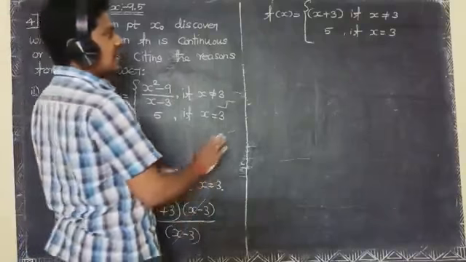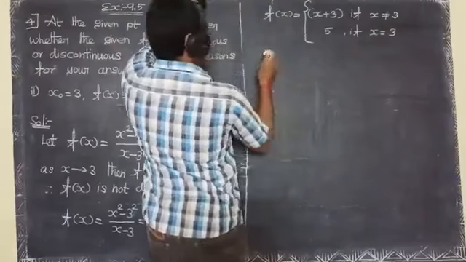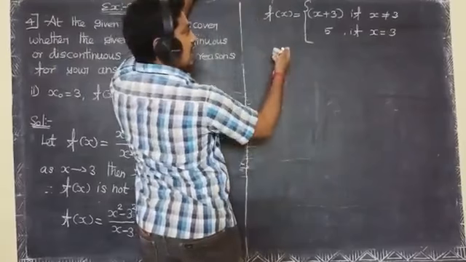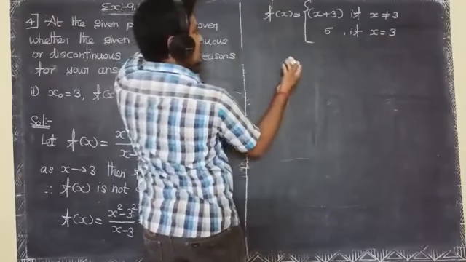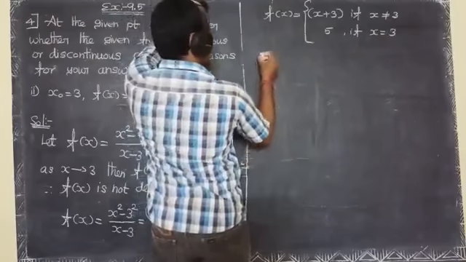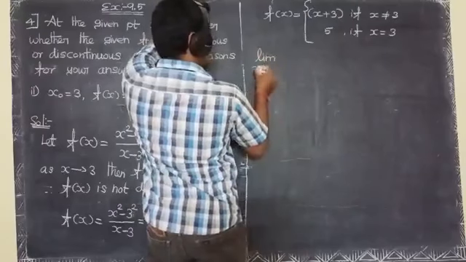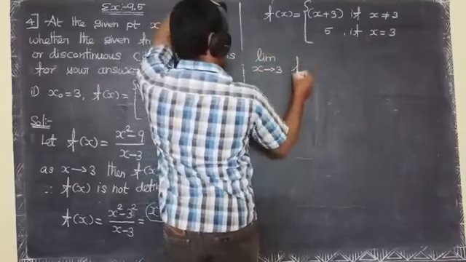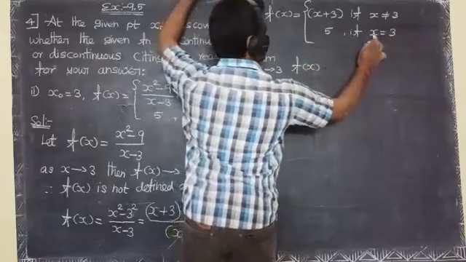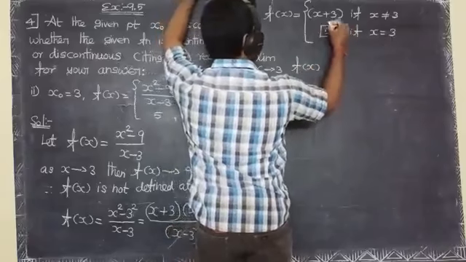Here, to find the right and left limits: limit as x approaches 3 of f of x, where x equal to 3 means we choose the constant function.